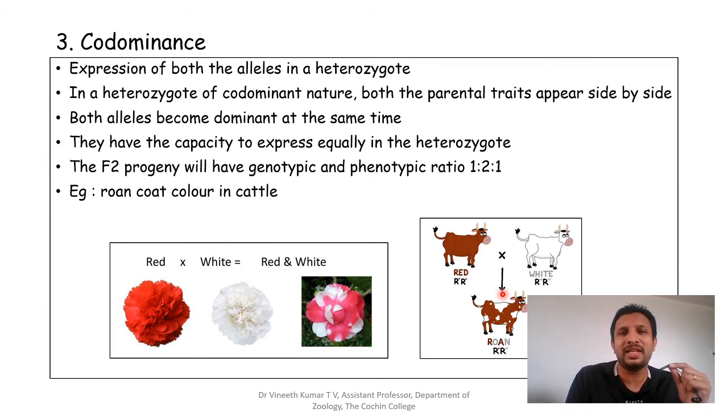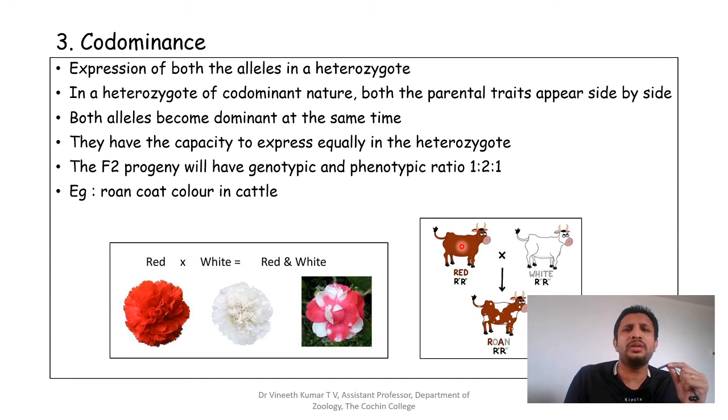As a result, they will get a lighter shade than red. If you closely observe their hair, you can see both red hairs as well as white hairs, and that is what is called the roan color. So both phenotypes appear equally in the heterozygote, and that is what is called codominance.